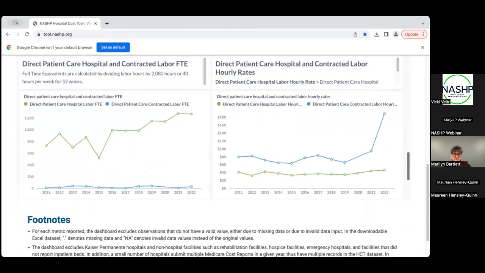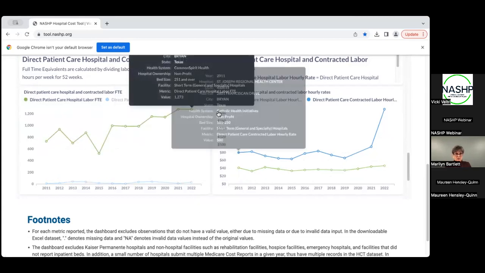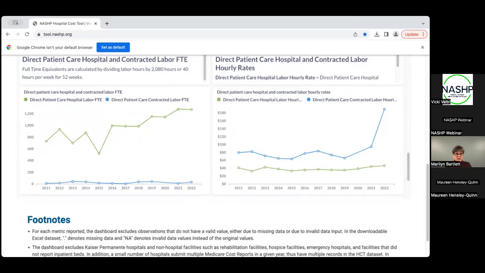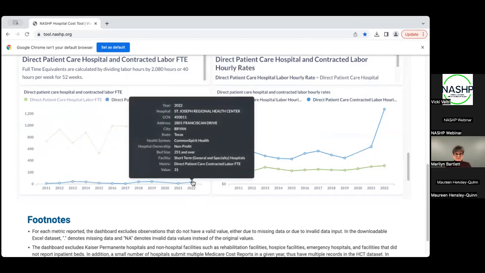We then compare it for this particular hospital. I like this chart because it can help center the discussion on the impact of contracted labor. And what you see here on the top is the direct patient care FTEs. So this is the hospital staff. They're at 1,273 FTEs.